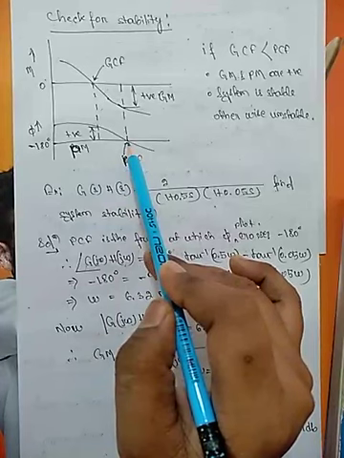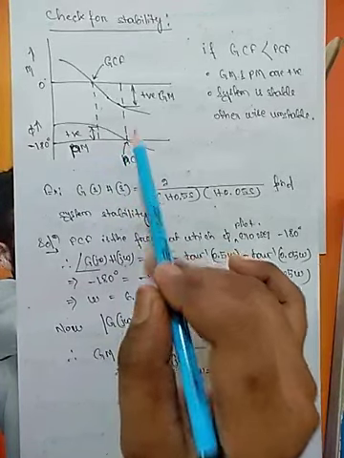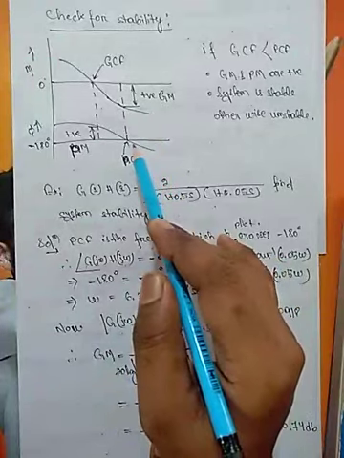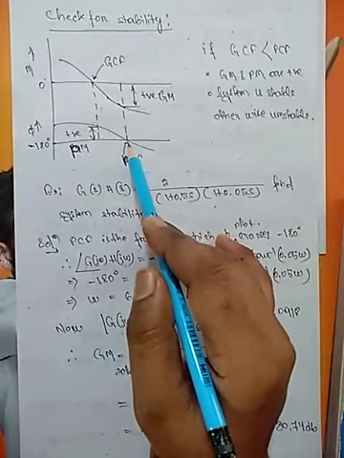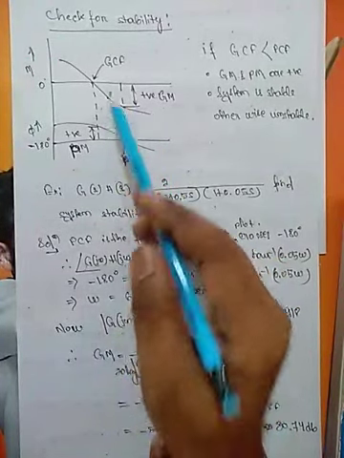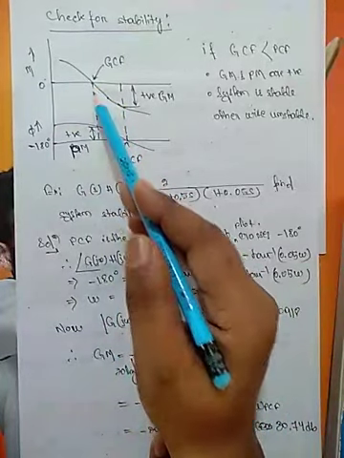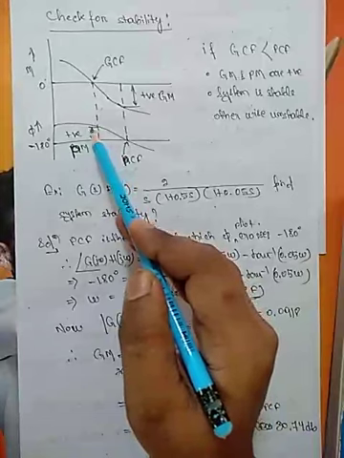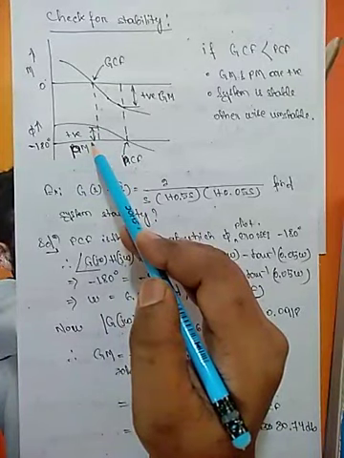Then how do you find gain margin and phase margin? You draw a perpendicular line from the gain crossover frequency to the phase angle plot. Then this range is called the phase margin.